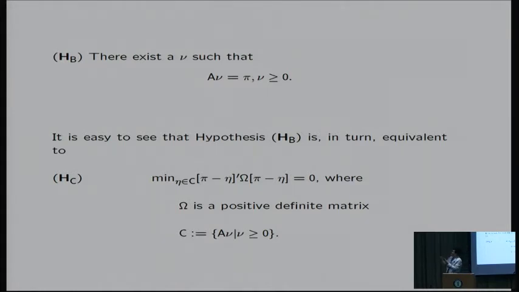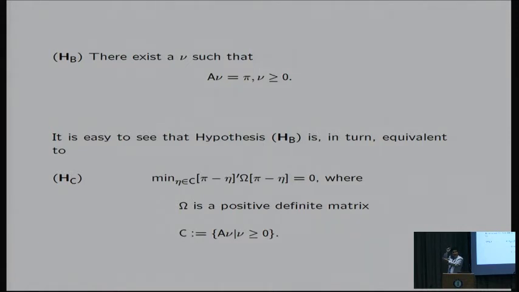This A has a bunch of column vectors, so my fingers are representing all these column vectors. This restriction is saying that there's a cone spanned by the fingers, and pi has to be inside of the cone.